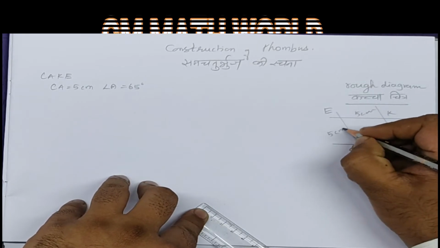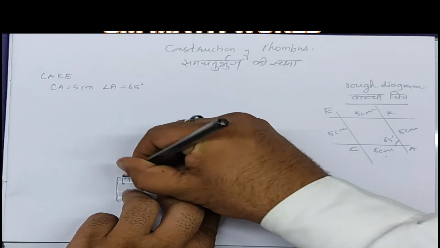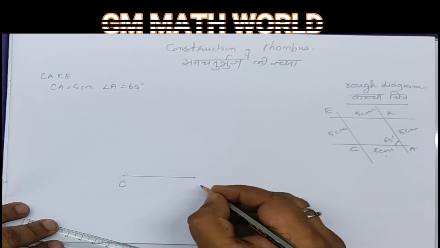Now it is time to draw the flat diagram. Put a dot at 0 and at 5 centimeter. Join the two dots. Give the name to the line segment as CA, 5 centimeter.